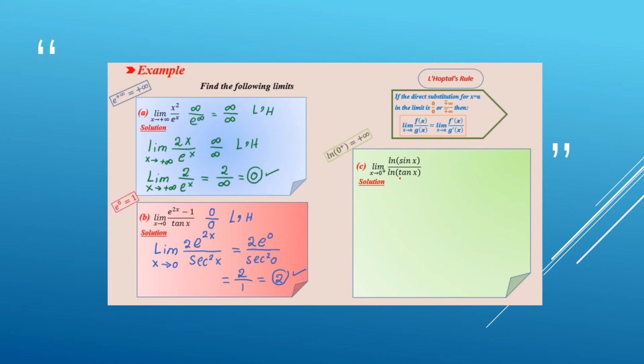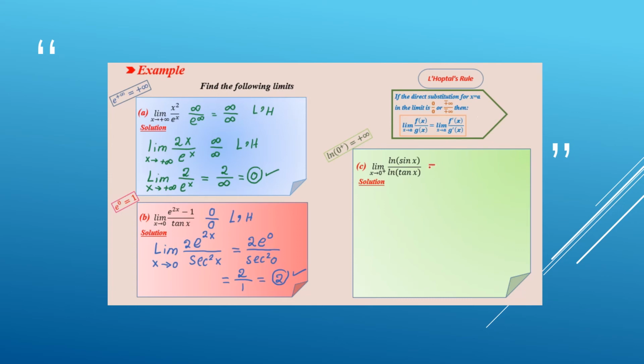Part C, we have the limit of ln sin x over ln tan x when x goes to 0 from the right. So you have to make direct substitution to know if we can use L'Hopital's rule directly or not.